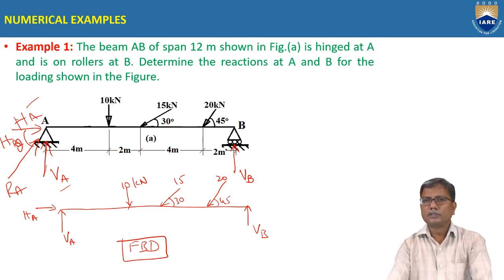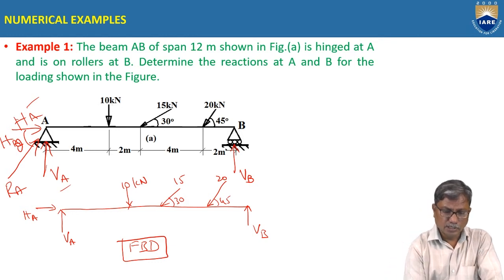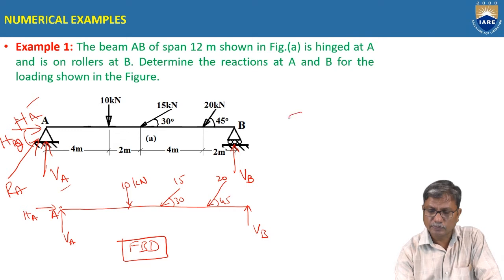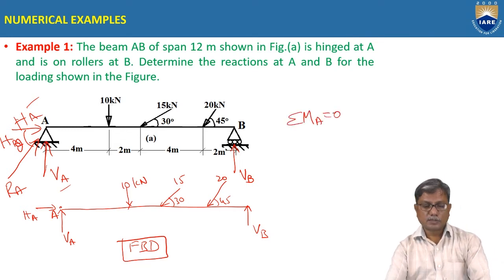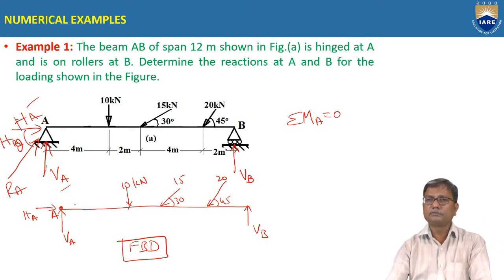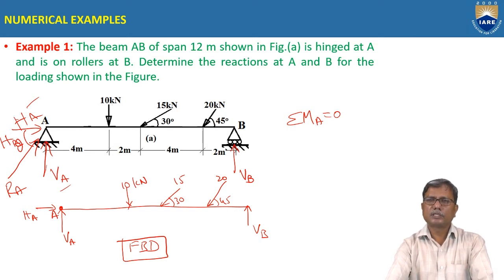So first we can apply sigma MA = 0. So we are taking moments about A. What do you mean by moment? Moment means product of force and perpendicular distance, isn't it?